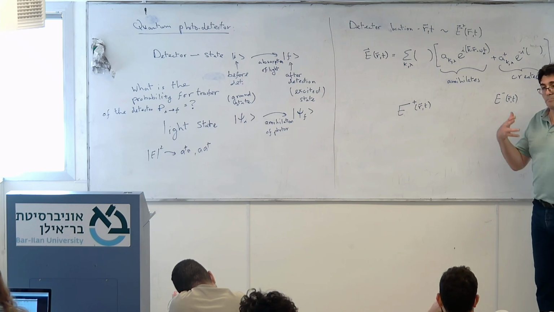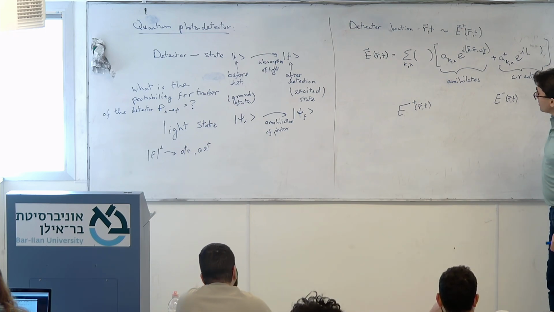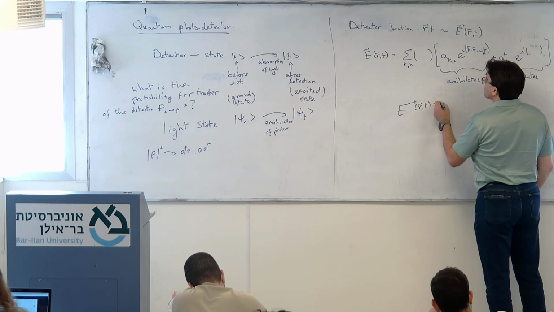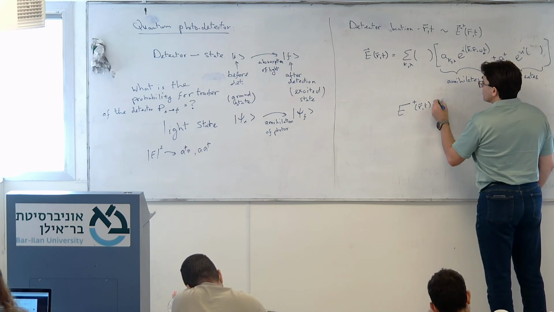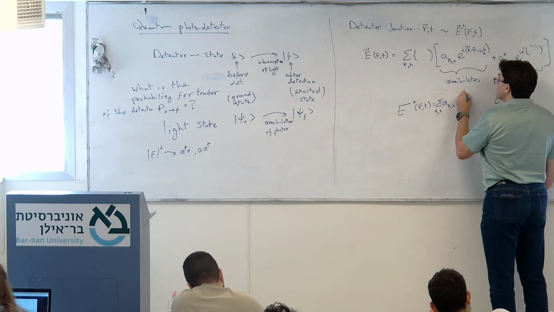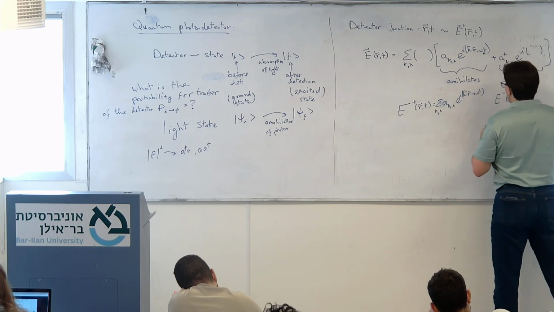The annihilation part is just this sum over k, lambda of a, and this one creates.